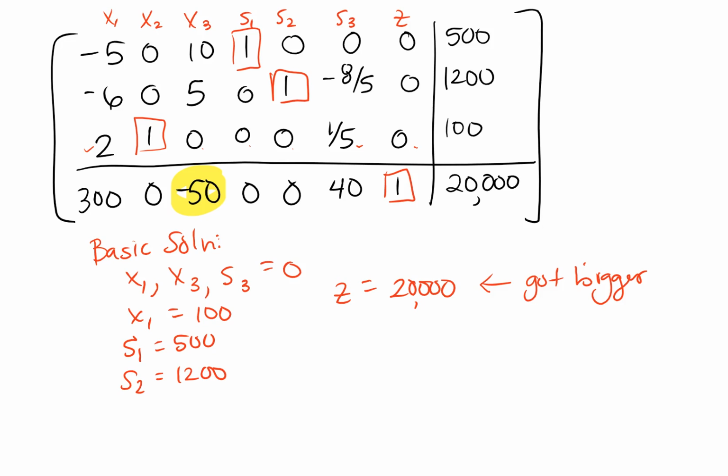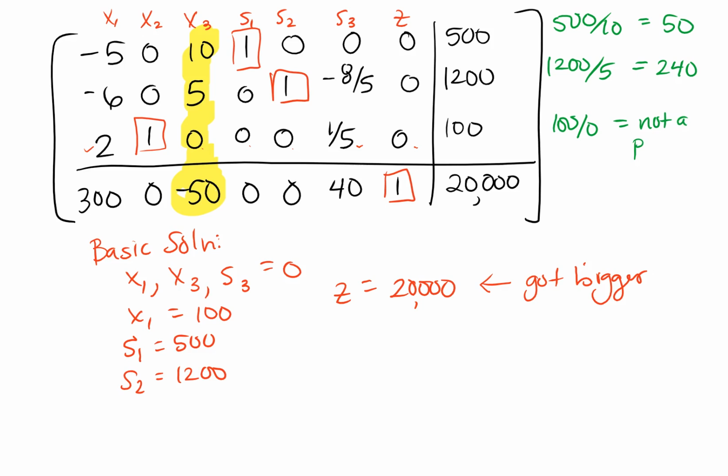So our pivot column is going to be column 3. And then we'll do exactly what we did before, where we find the ratios. So we'll do 500 divided by 10, that would be 50. We have 1200 divided by 5, which would be 240. And we'll have 100 divided by 0, which we can't do, so this means that this is not a pivot row.